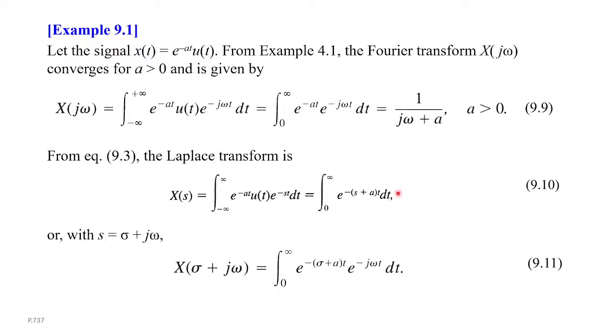So you put this in the equation. Big X(s) is equal to your function, this thing, times this e to the minus st, then you integrate over t. And just as here, you use this u(t) to cut your t at 0. And minus a and minus s can get together and become minus (s plus a).